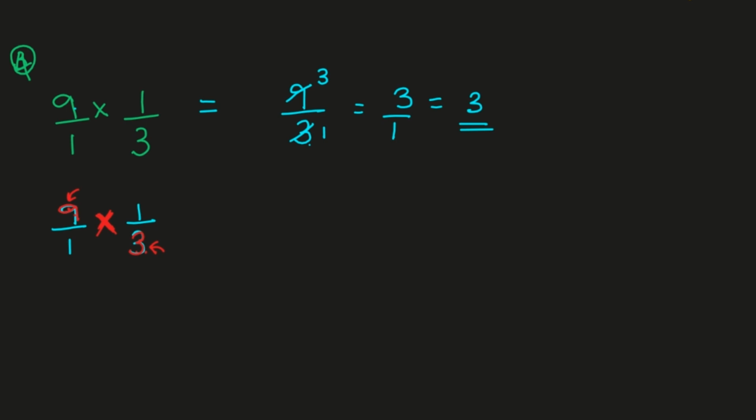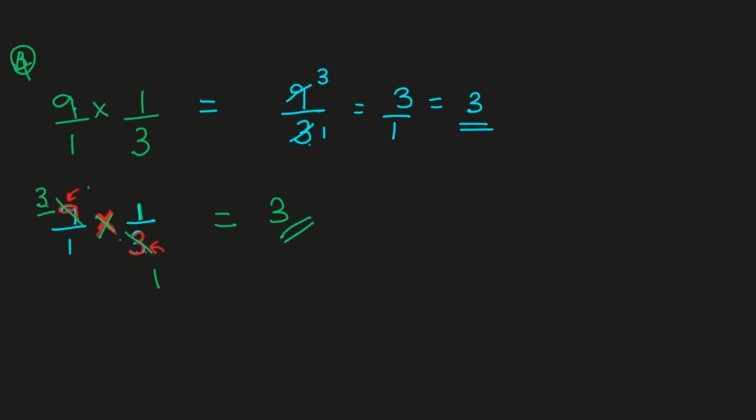Don't think about division right now, it's quite different. But if it is multiplication, then you can divide both the numerator and the denominator by the same value. So I'm dividing 9 by 3, it's 3. I'm dividing 3 by 3, it's 1. So what will be the answer? 3 into 1, the answer is 3. 1 into 1, it's 1. It's not needed to put 1 here.